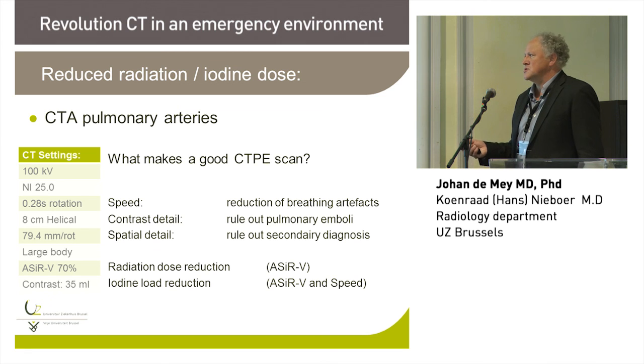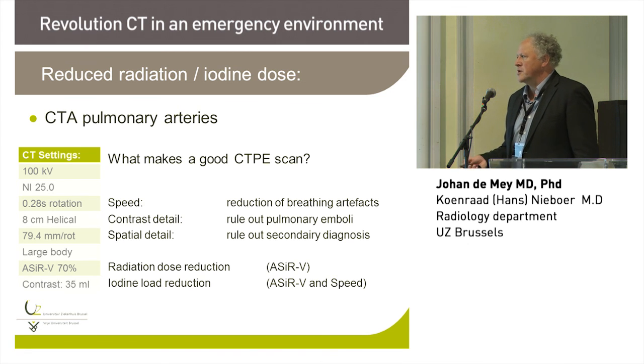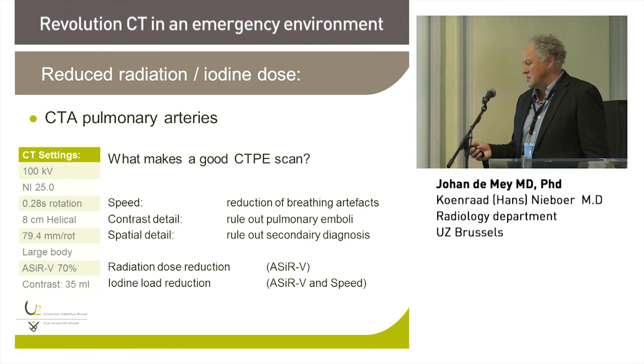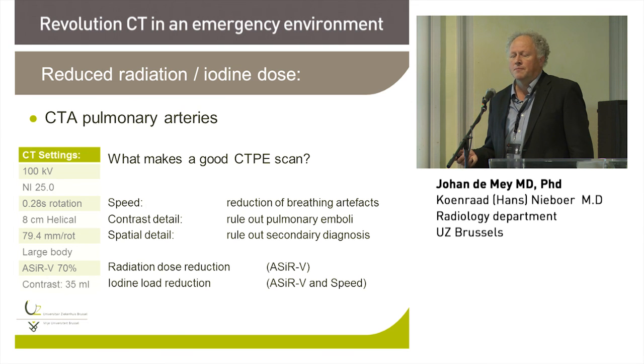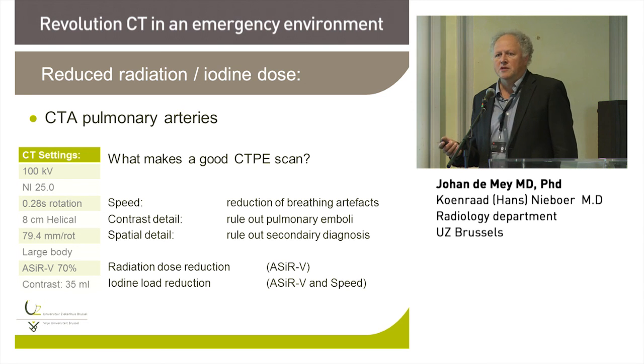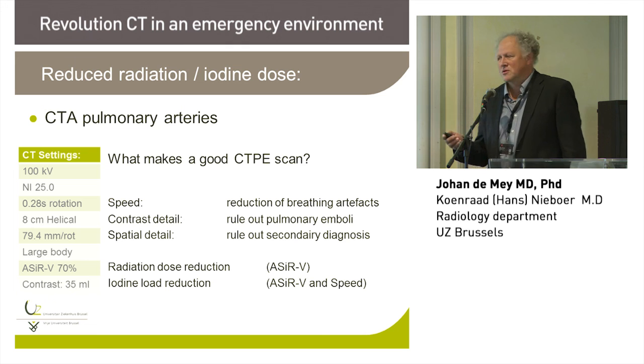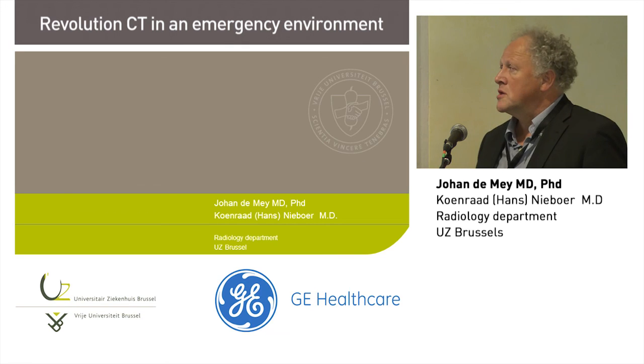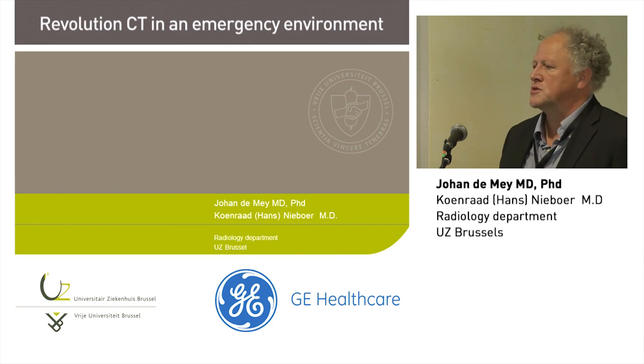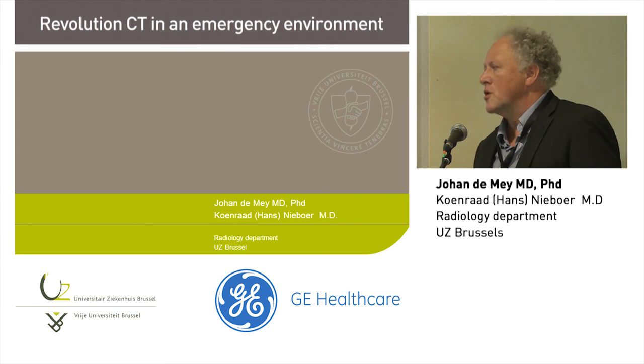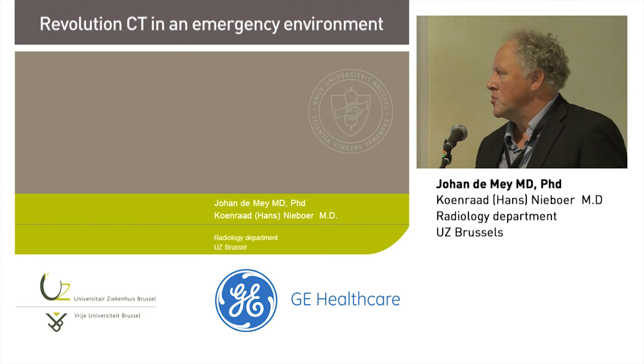So in the emergency wards, we say, okay, we go for helical. We take large body and we go for SERV 70%. And we do the scans with 35 ml of contrast. With the HD, we use 70 ml of contrast. So we reduced it by half. So I think the Revolution system makes it possible to go for a lower dose, for lower iodine load, and still have really good images.